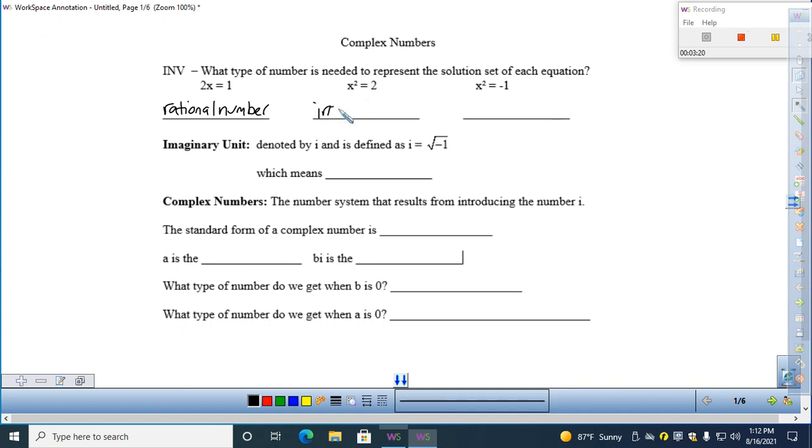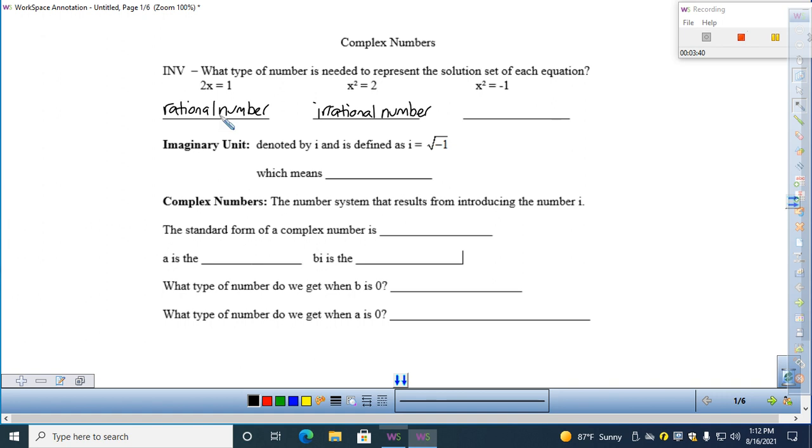And as we know, this would be what is called an irrational number. An irrational number, by definition, is a value whose decimal does not terminate, nor does it repeat. Okay, so the rational numbers and irrational numbers together form what is called the real number system.